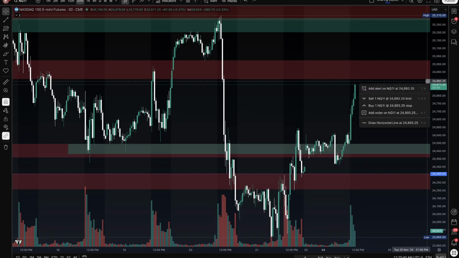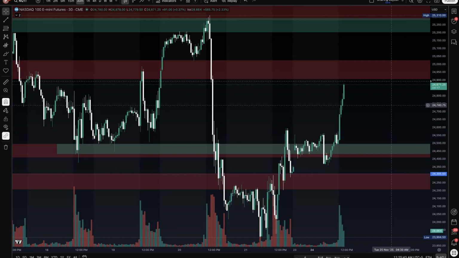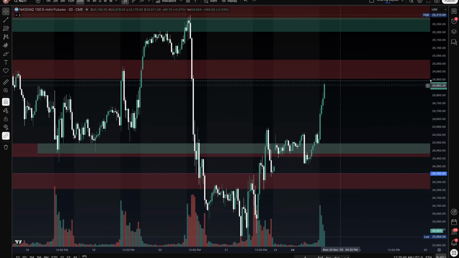That way, once it gets above this level, once it starts approaching my next 4-hour level, then that's when I know to get on the markets. I don't need to sit here all morning and watch it. I'll just set an alert, wait for it to come up to my level, and then I'll hop on the chart, wait for some type of confirmation, whether that's a break and retest or a liquidity sweep to catch the reversal.